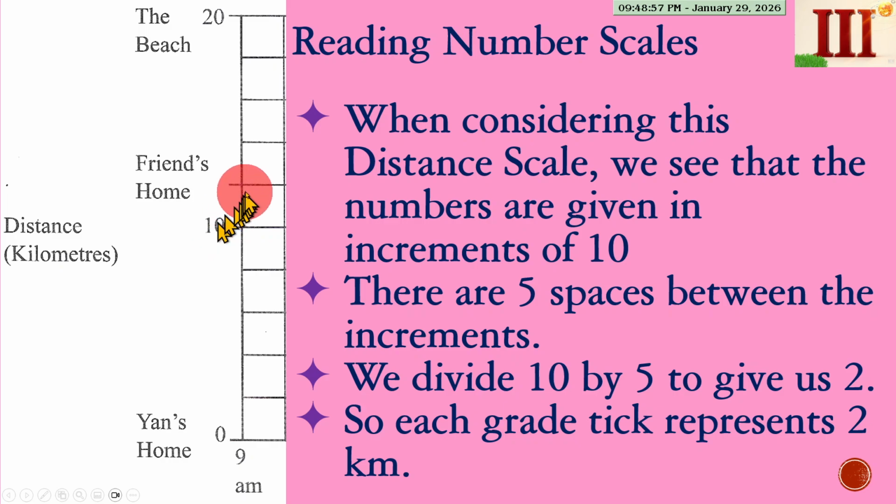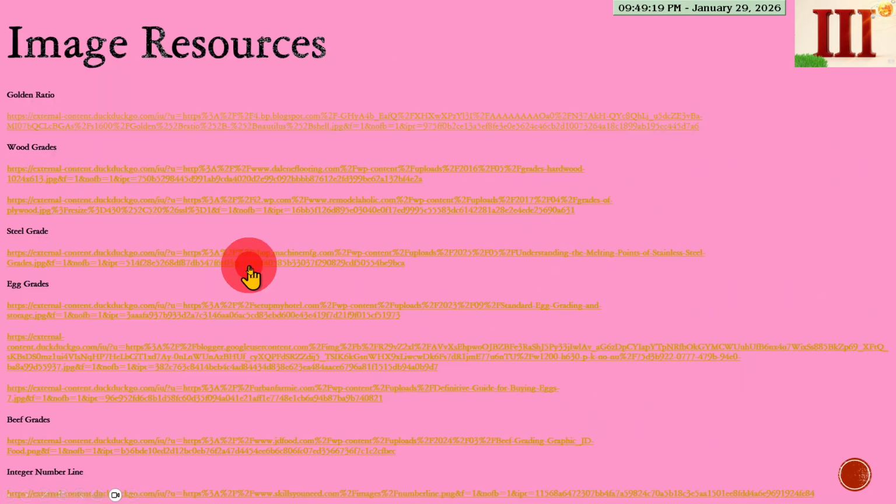It works. 12, 14, 16, 18, 20. It really works. So you want to make sure if you are working with a scale, if there are numbers missing, count the spaces and divide by the difference or the increment. So from 10 to 20 means you went up 10. You're dividing by 5. From 0 to 10 is easy to see.